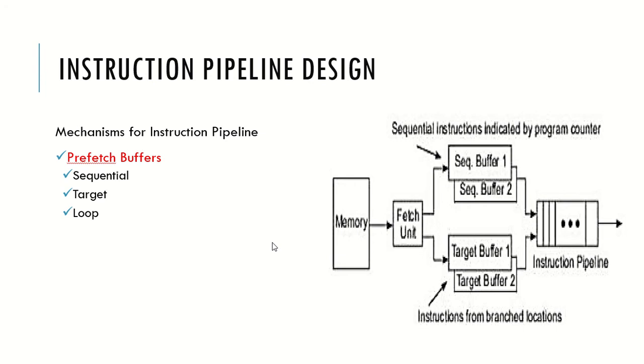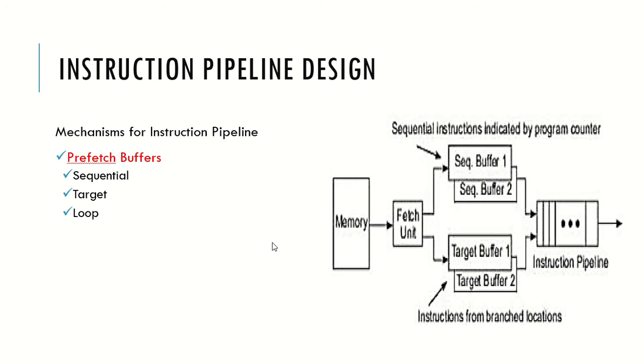As the name says, the sequential buffer is going to store the next instruction of the pipeline, whereas a target buffer is used to store the target or the jumping address of a particular branch statement.